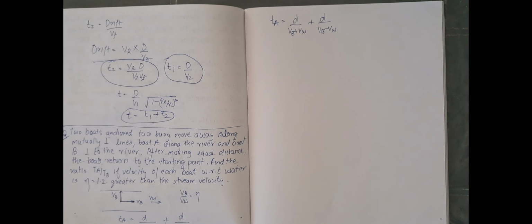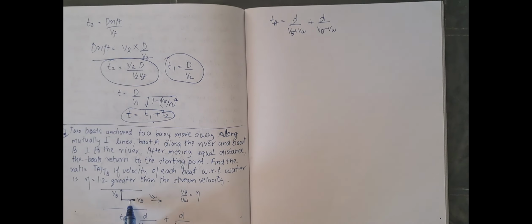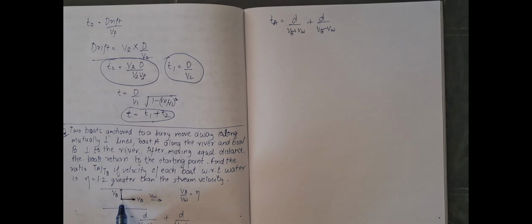If D is the distance that boat A travels along the direction of flow of the river, say this is D, so it goes D distance like this, and then again D, it comes back to its starting point.